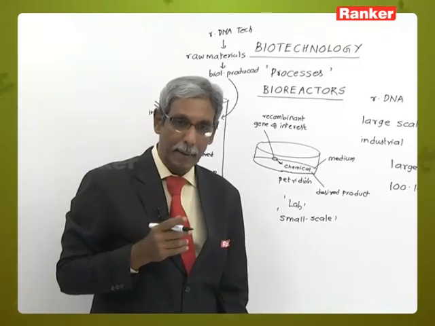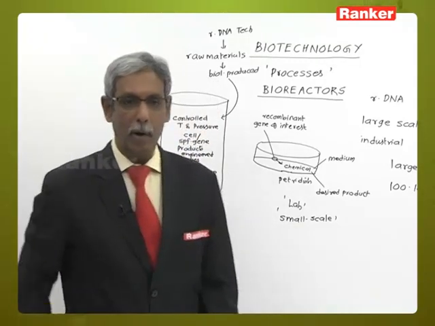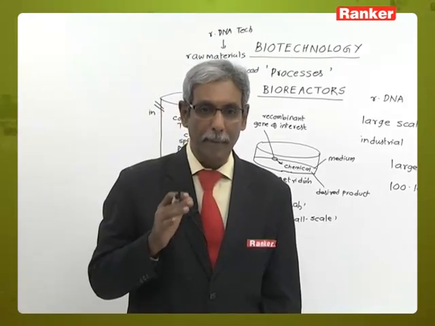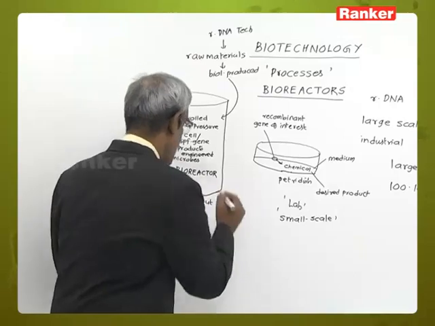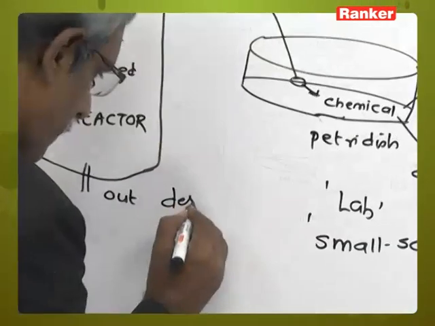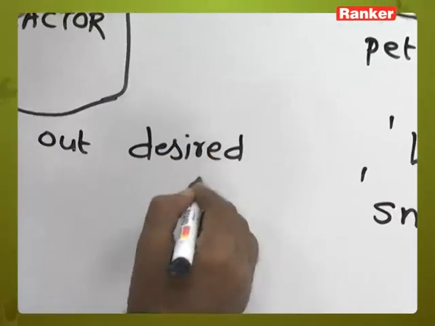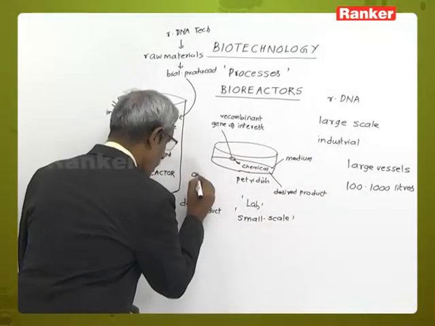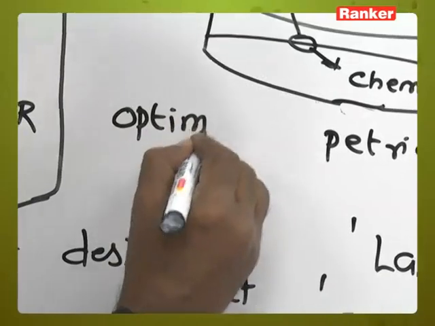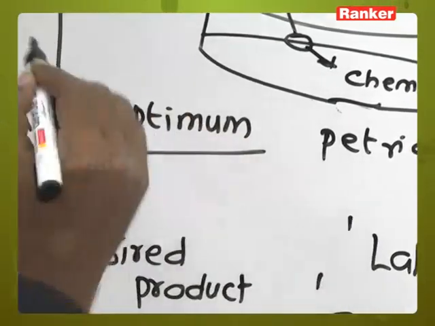A typical bioreactor provides the optimum conditions for obtaining the desired product. We get the optimum, not the maximum, not the minimum, but the most efficient quantity.